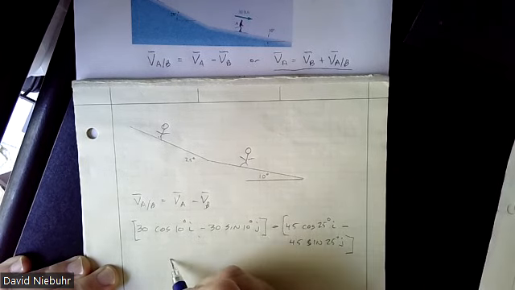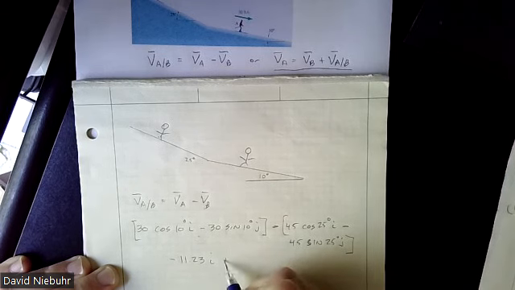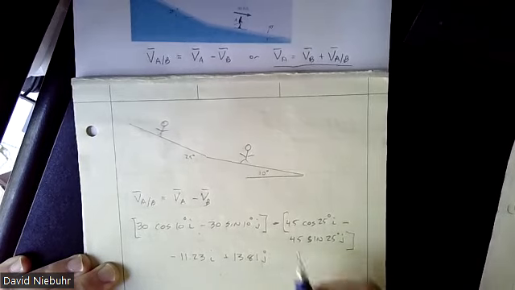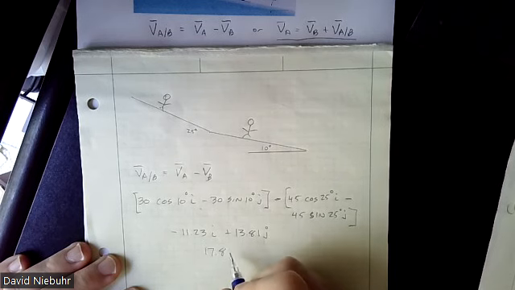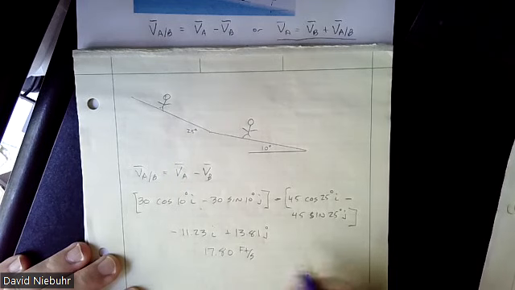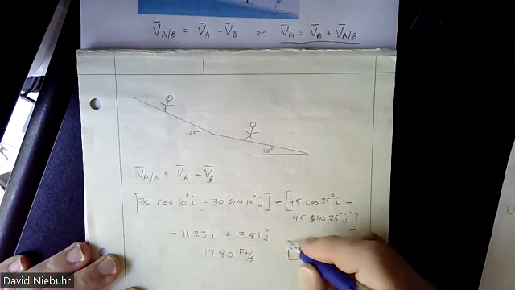So we end up with negative 11.23 i plus 13.81 j, which if we take the magnitude gives us 17.80 feet per second. And if we find the angle of that, it would be a positive j, so it would look like this again, up and like this.